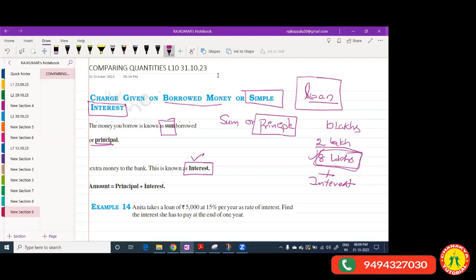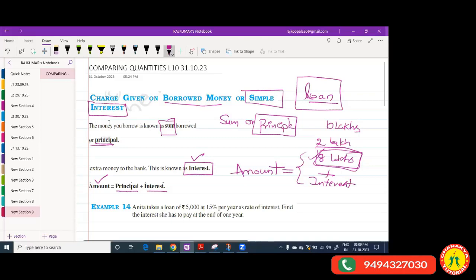So these together we will call amount. The amount we are borrowing is called principal, and we have to pay some extra money for it, that is interest.